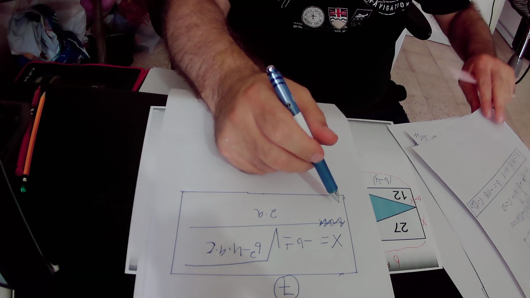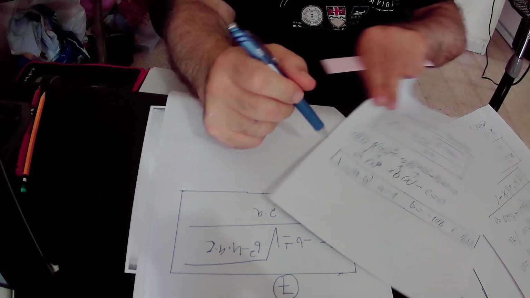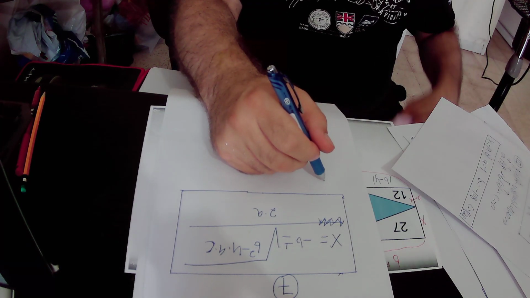Okay, so we will implement this general equation for our case. As you can see here, x equals a times b, so we write it down.